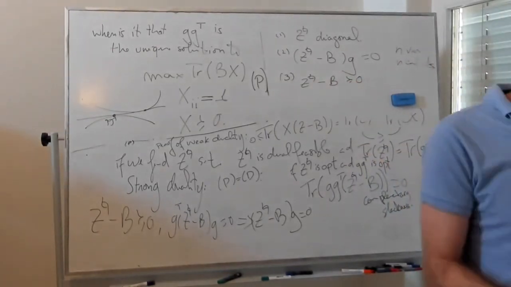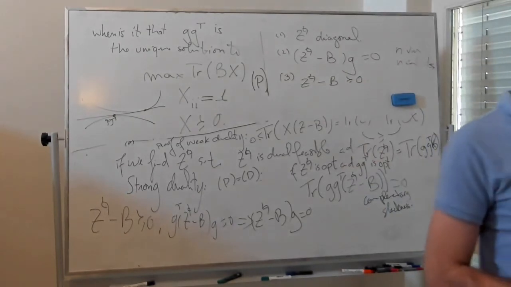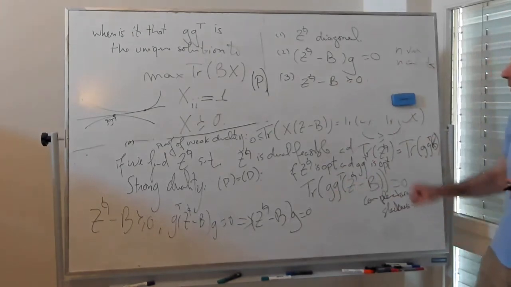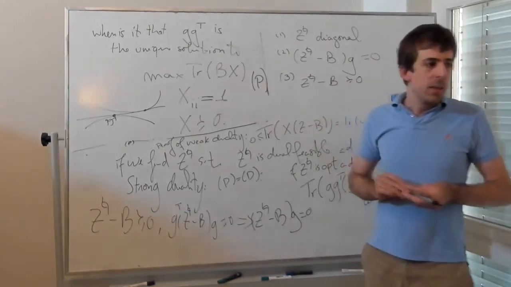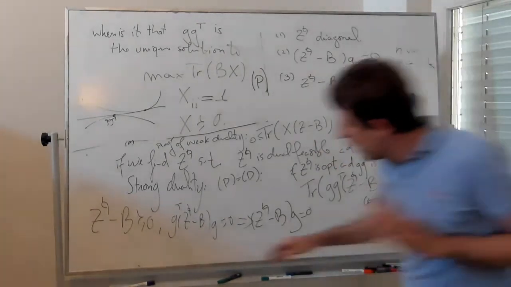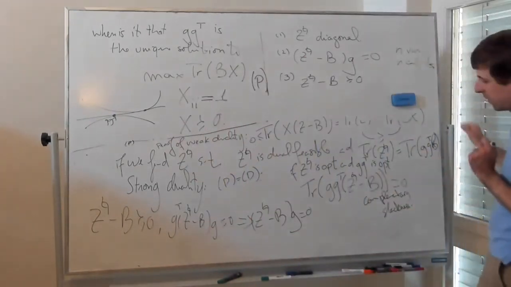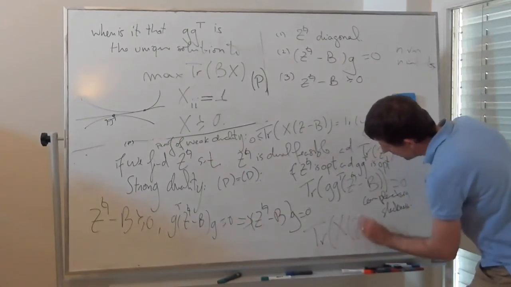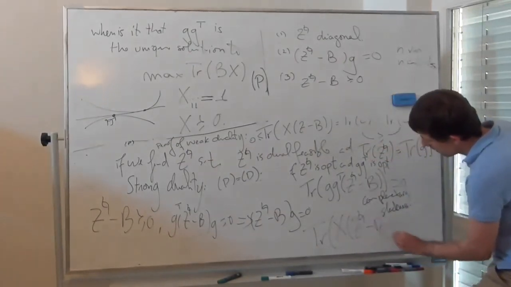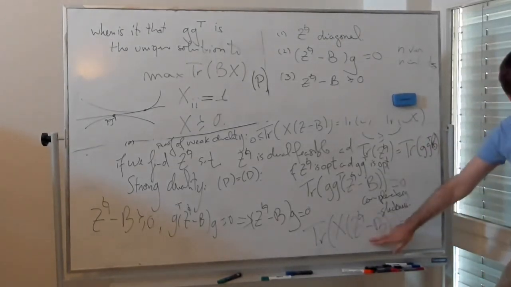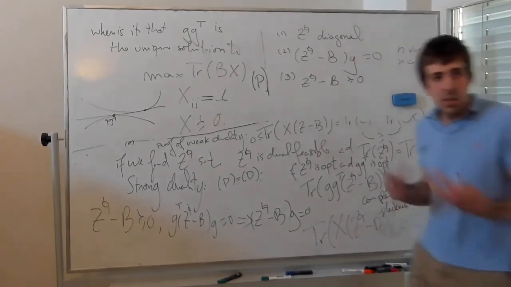But now, how do we make sure that there's absolutely no other solution that could also be optimal here? The key lies in complementary slackness. If there was any other solution X, then it would have to satisfy that the trace of X times (Z natural minus B) needs to be 0. But since this is positive semi-definite, and this is positive semi-definite, there are no cancellations.